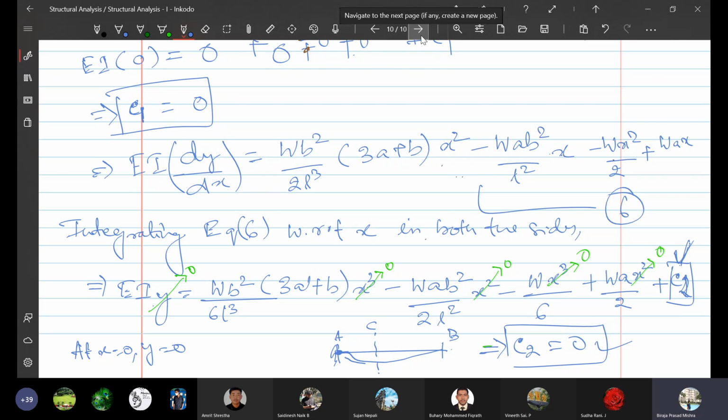So let's go to the next one. Let us write it here. EI into y equals WB square divided by 6L cube into 3A plus B into x cube minus WAB square divided by 2L square into x square minus wx cube by 6 plus WAx square divided by 2.